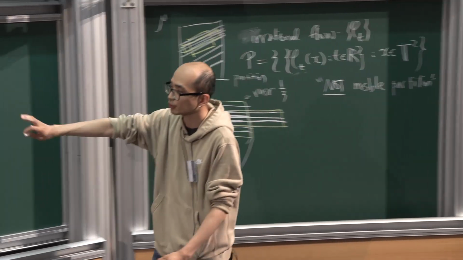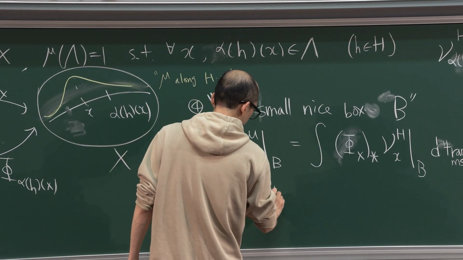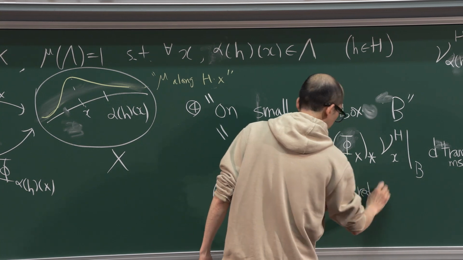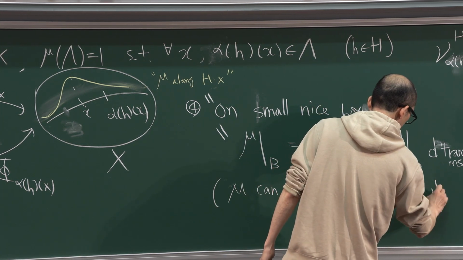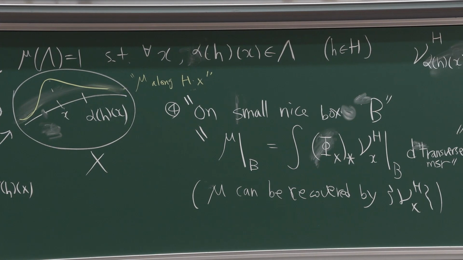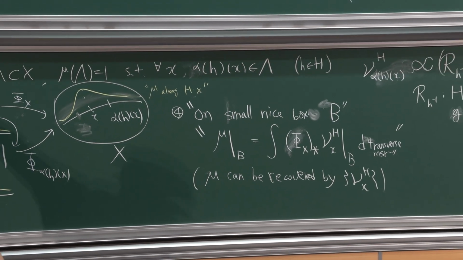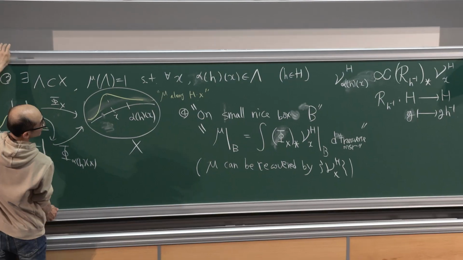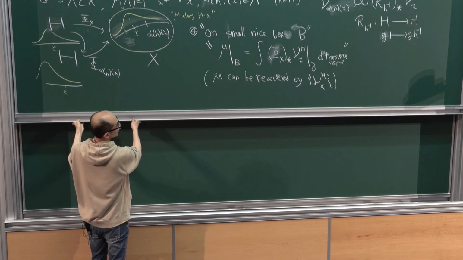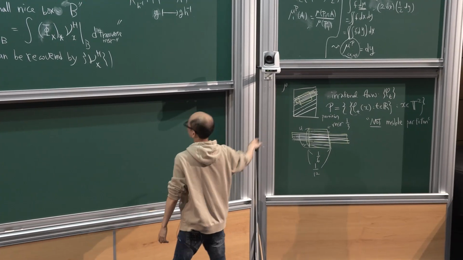So if this is too complicated, you can see that mu can be recovered by the sequence of the measures. And of course, these are somehow quite abstract nonsense. So basically, there is a way to disintegrate your measure into some bad foliation or bad orbit space.